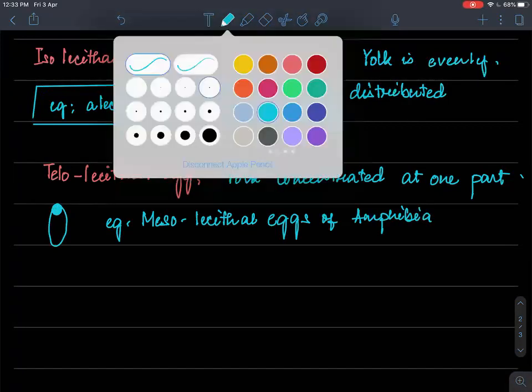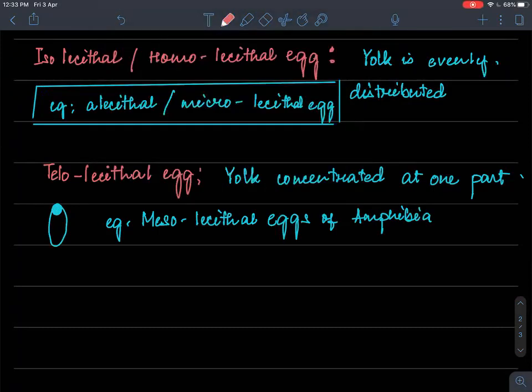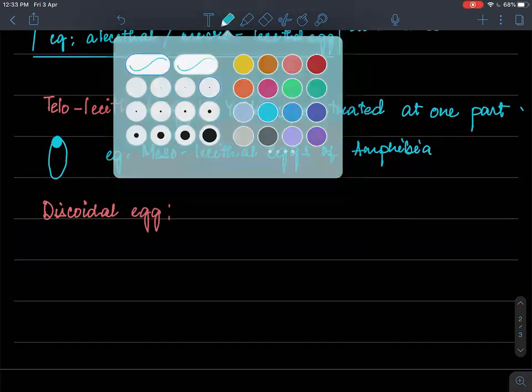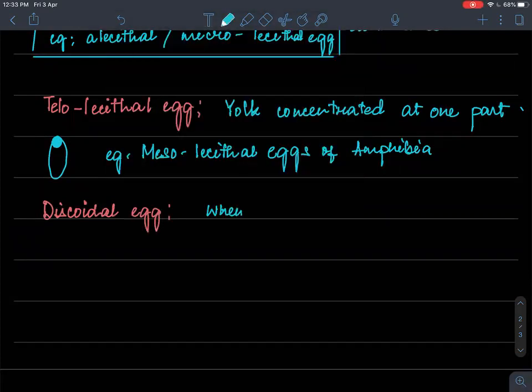Next, we are going to see the third type, that is the discoidal egg. So what is this discoidal egg? When yolk is enormous and concentrated in one part.